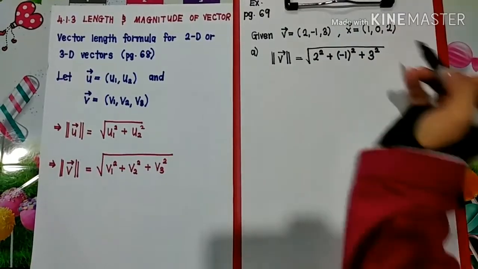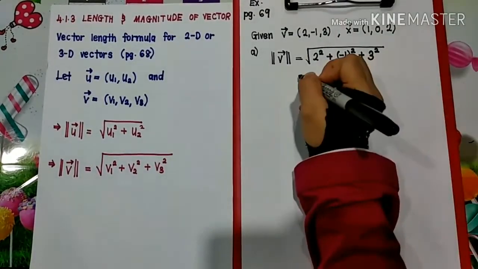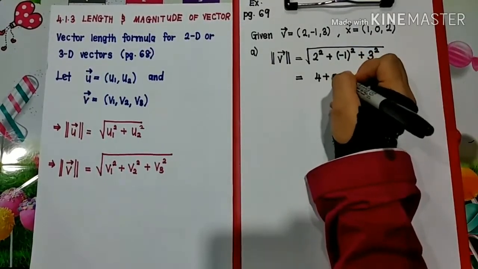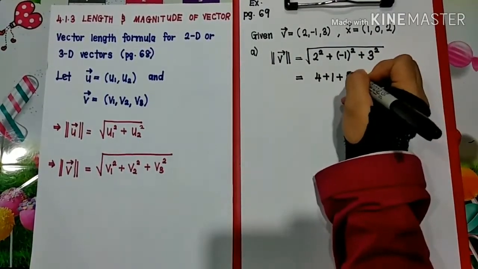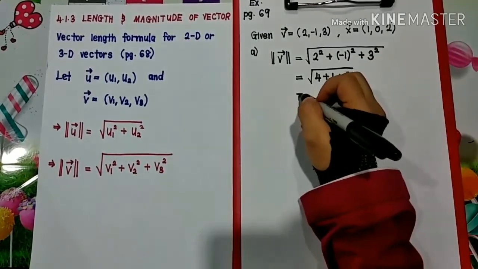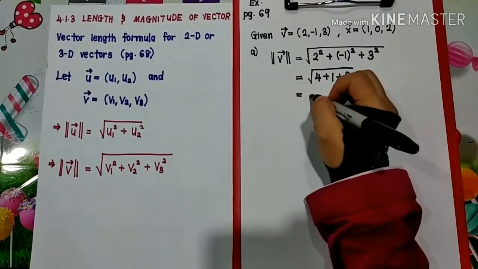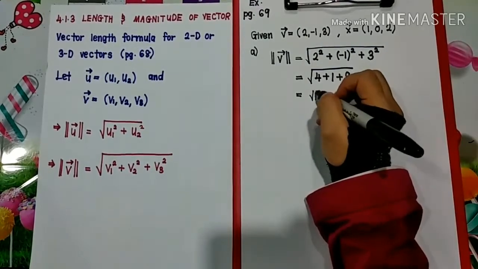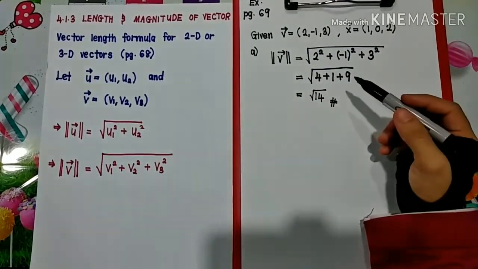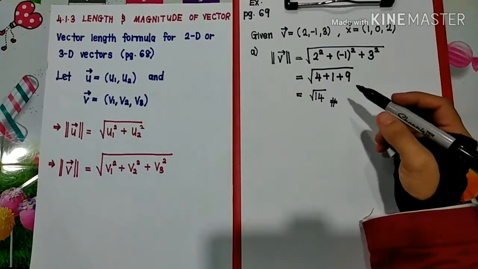So 2 to the power of 2 is 4, plus 1 plus 9. What do you get? Square root of 14. That's how we find the magnitude of a vector.